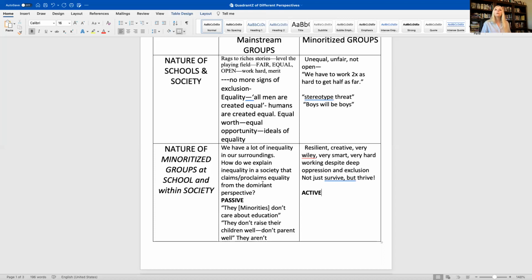So if we're interested in equity in schools, we've got to be able to shift out of a kind of passive deficit view and look at it from the minoritized viewpoint.